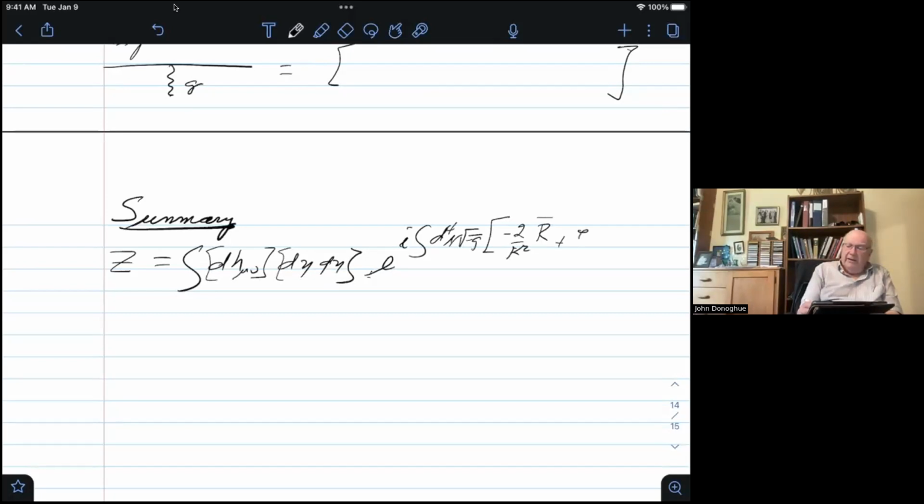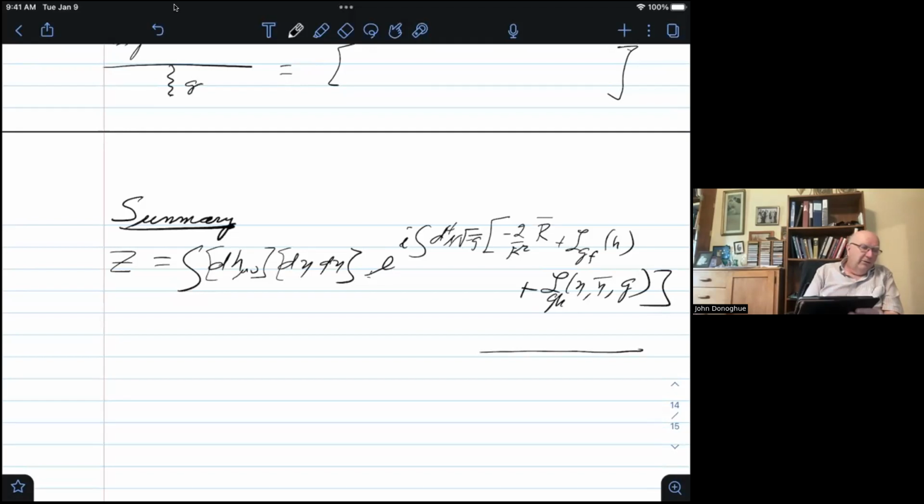I have the gauge fixing piece, which is a function of h, and I have the ghost fields piece, which is a function of eta bar and eta. Okay, so I've got my full quantum action.